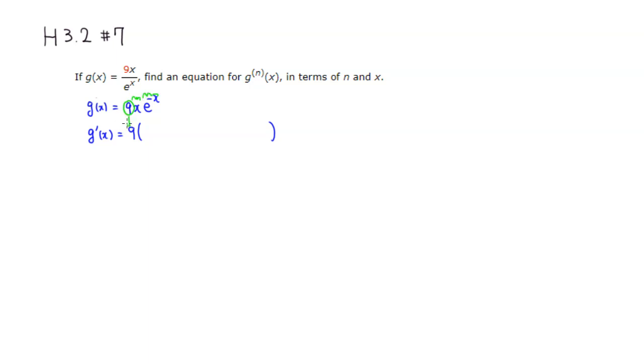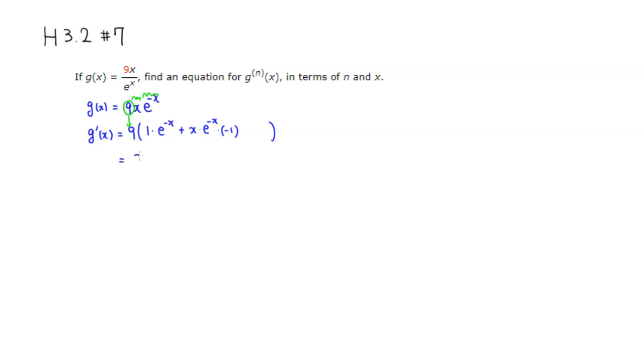Derivative of the first guy is 1 times the second, e to the negative x, plus the first guy, x, times the derivative of e to the negative x, which is e to the negative x times the derivative of negative x, which is negative 1.